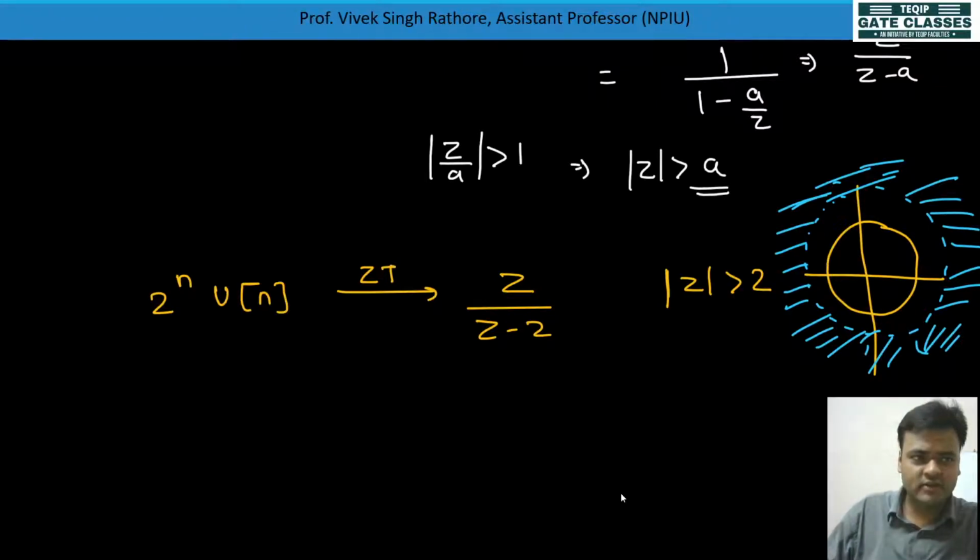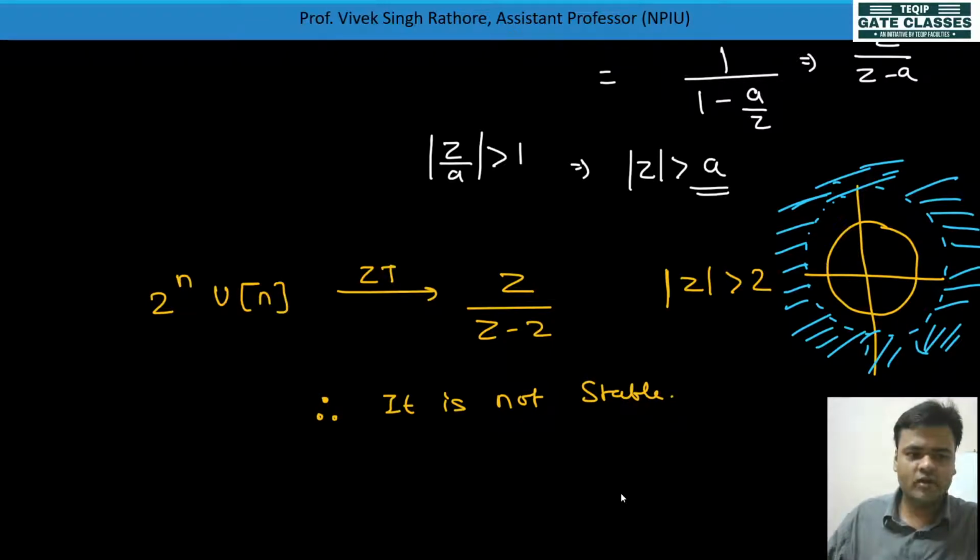Is it touching the r equal to 1 circle? No, it is not touching the unit circle. Therefore we can say that it is not stable. It means that it is not absolutely integrable.